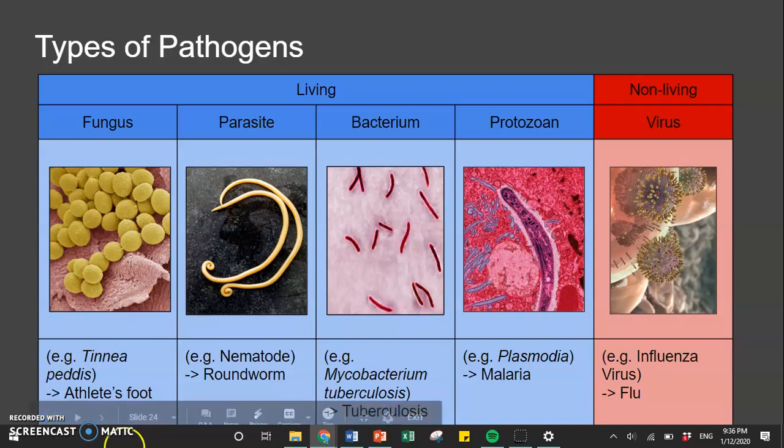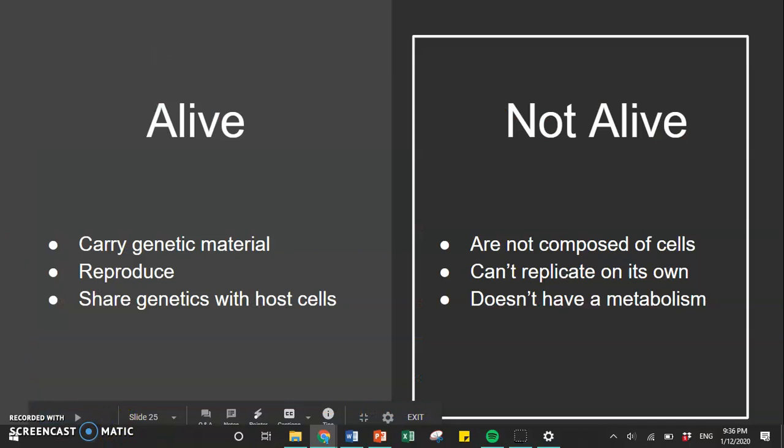And what we mean by that, again, is that to be alive is to carry genetic material, mostly in the form of DNA or RNA, you can reproduce on your own, and you share genetics with the host cell that you are invading. But if you are not alive, you're not composed of cells. A virus is not composed of cells. It can't replicate on its own. It has to have a host in order to replicate. And viruses don't have their own metabolism.